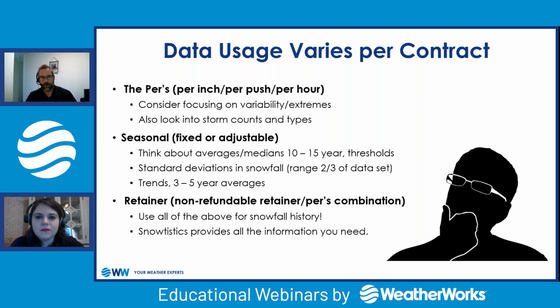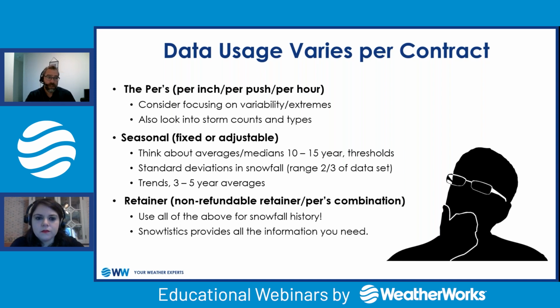And I have to be prepared for that. And also the types of event, icing events, how many of those do occur? And we have a lot of information on that too, from our data team and our Snowtistics side. But that way you can kind of estimate your salting activity too. So that's something that you want to consider with those per contracts.